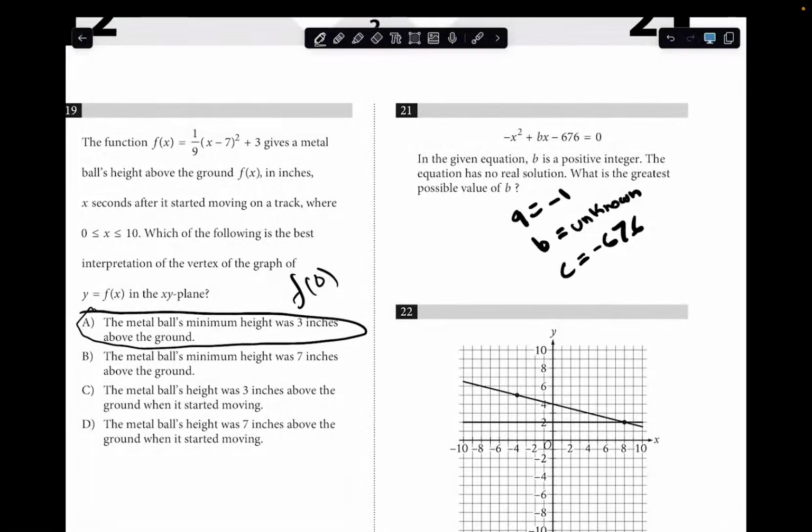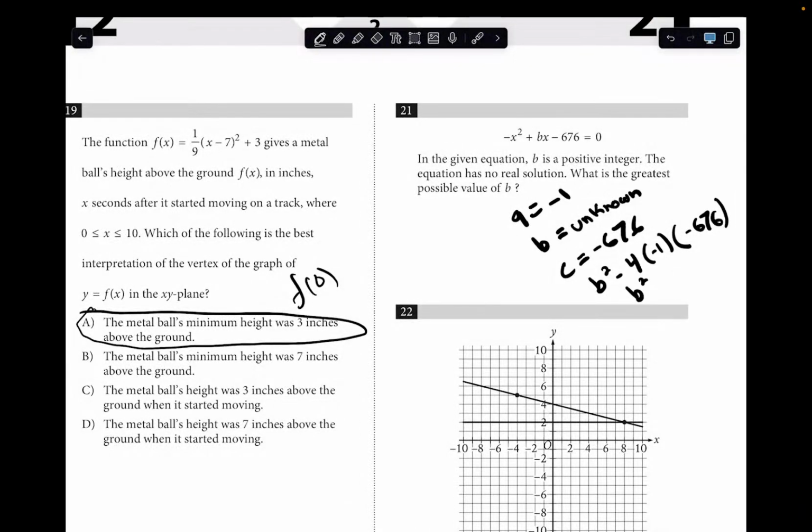They also say it has no real solution if and only if b squared minus 4ac is negative. In the given equation, a equals -1, c equals negative 676. Substituting -1 for a and negative 676 for c yields the discriminant: b squared minus 4 times -1 times minus 676.